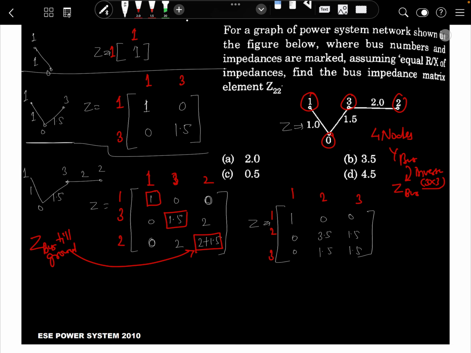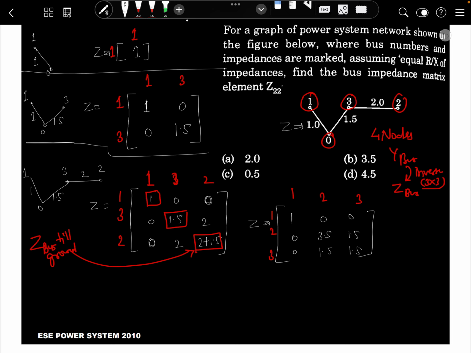I think we made a mistake or not, because 2 3 is 1.5. Wait a minute, I made a mistake somewhere. 2 3 is 1.5. So now we will go with 2.22. No, I think it's correct.